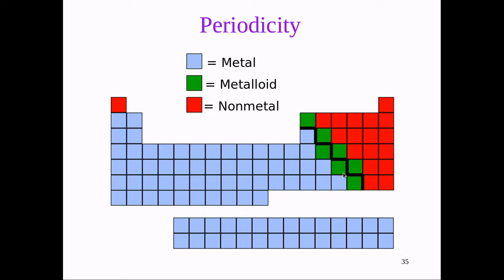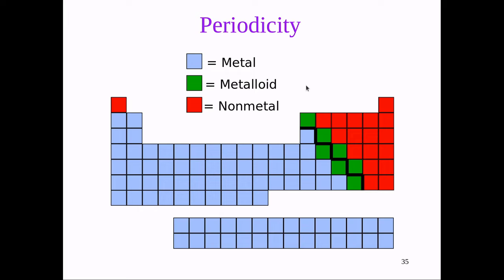You can see that the majority of them are metals, and that they're going to be located on the left-hand side of the periodic table. On the right-hand side, the next largest group are our nonmetals. And then along this little step right here, we have our metalloids.